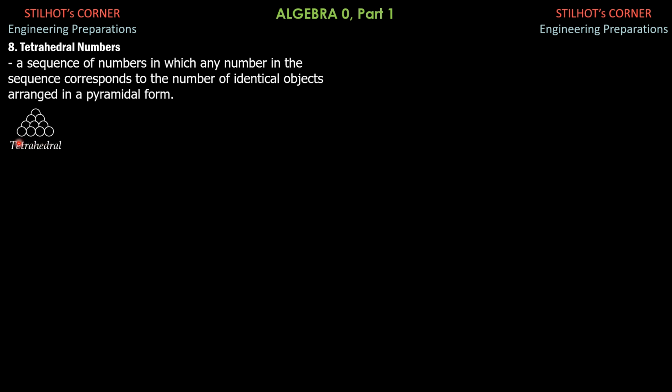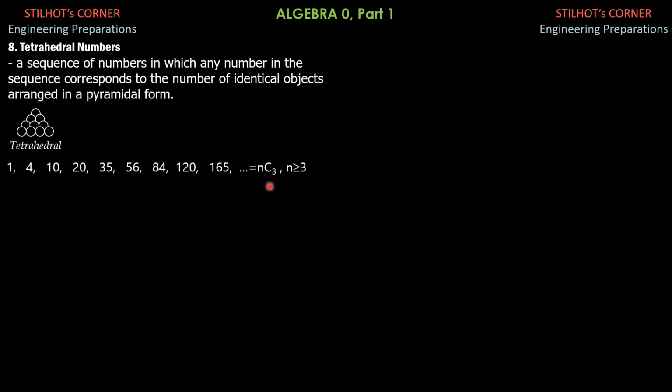The next layer would be 21, so 35 plus 21 is 56. So these are the tetrahedral numbers: 1, 4, 10, 20, 35, 56, 84, 120, 165, etc. So this is the explanation.